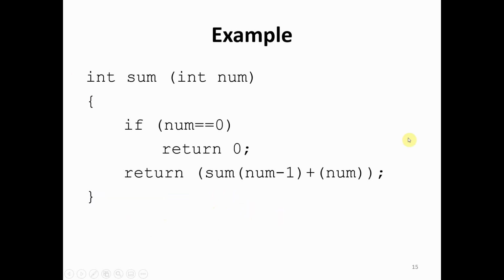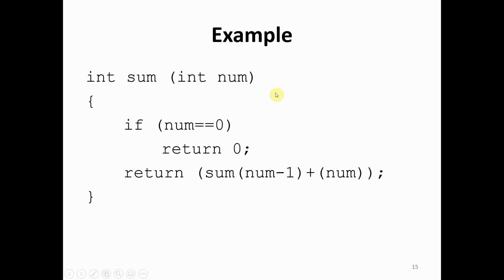This is very similar to the factorial problem that we saw earlier. So this calculates the summation of all numbers from 0 all the way to num, and it does it recursively. I'm not sure if you're familiar with the notation sigma.